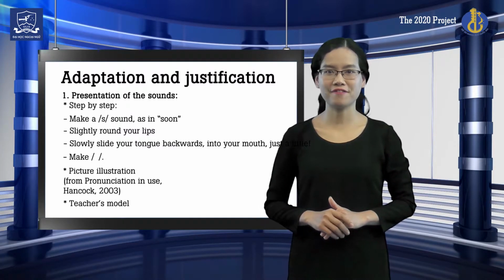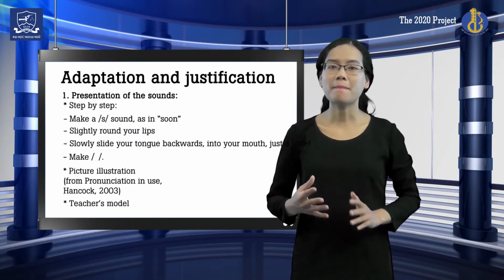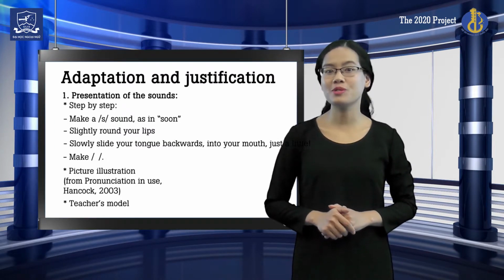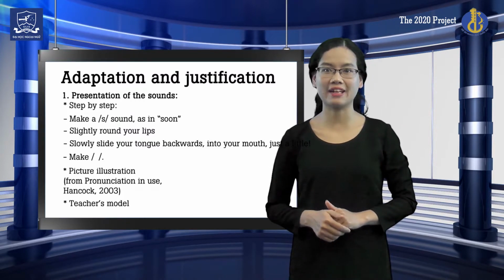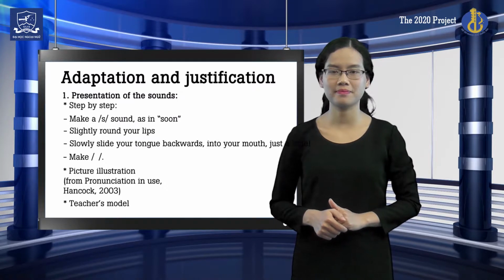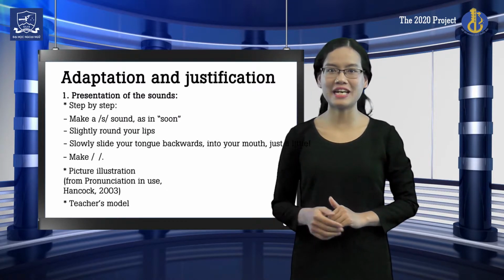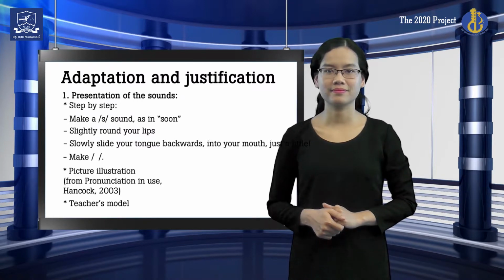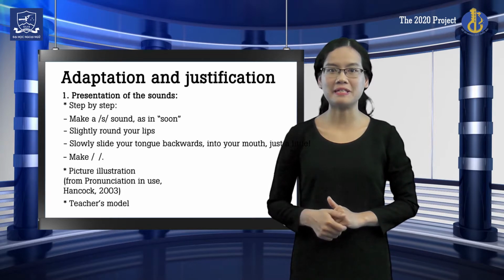And if it is possible, show them the mouth to illustrate. This way, the teacher can show students what speech organs are involved in producing the sound and also their position. The illustration is available in the book Pronunciation in Use. After that, the teacher can model and students imitate.